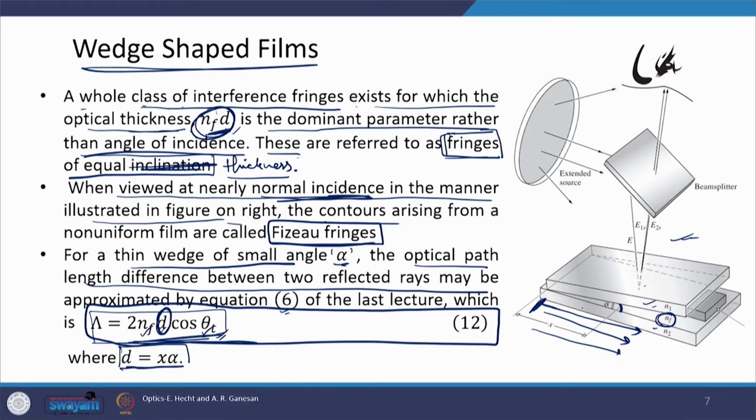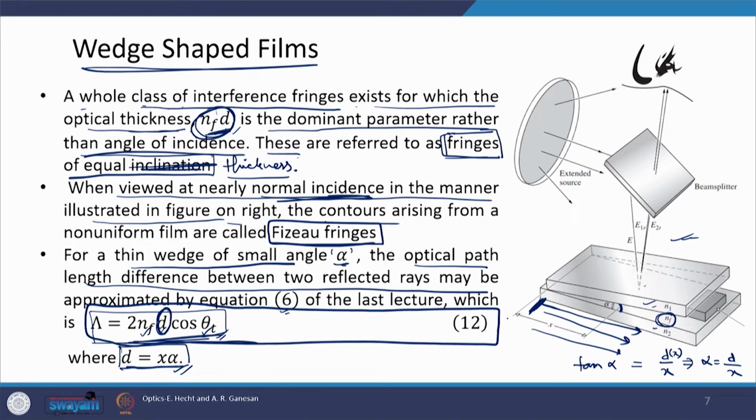Therefore, from this figure you can see that tan alpha is equal to d by x. Here d is a function of x, of course. And when alpha is very small, then we can write alpha is equal to d by x or d is equal to alpha into x. The thickness is now a function of x. Here x is measured from the line of contact.